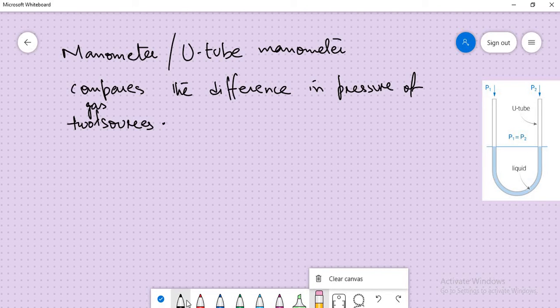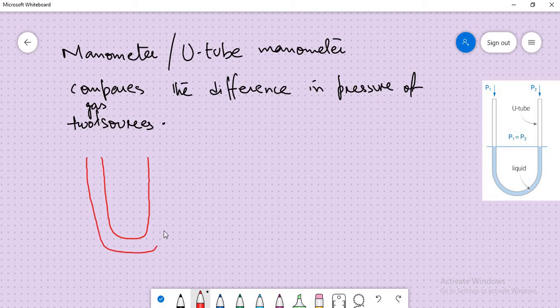So by the diagram you can easily see that there are two openings in a U-tube manometer, and inside that U-tube manometer there is a liquid. That liquid can be anything. It can be water, it can be oil, or it can be mercury. As you know, the pressure in any liquid depends on the height of the liquid column.